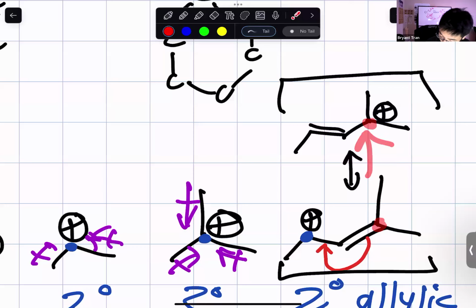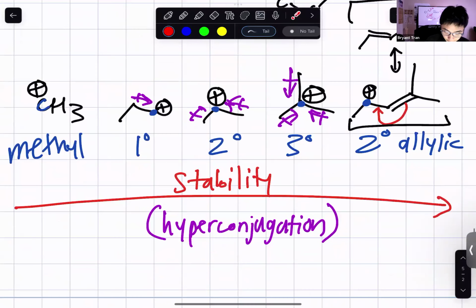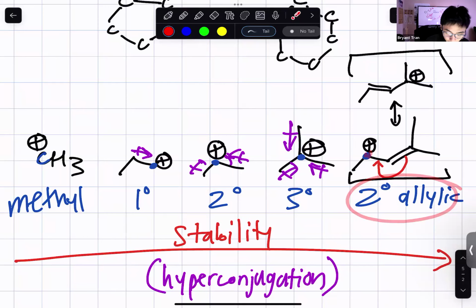Before it had 4 bonds, 1, 2, 3, 4. But when we shifted that double bond over, it now has 3 bonds, which is why it has the carbocation over here now. So we see that the positive charge here is delocalized. Delocalized meaning that it could move around, flow around the molecule more freely, has more breathing space, making it more stable.